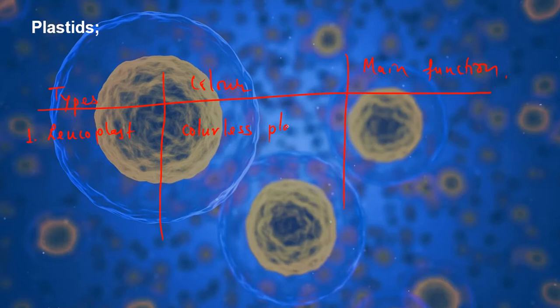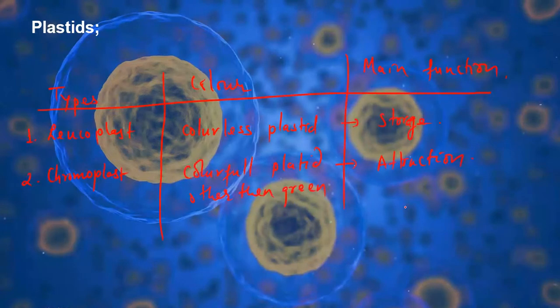Simply the main function is to store. The main function of chromoplast is attraction. Simply they attract insects during the pollination process.